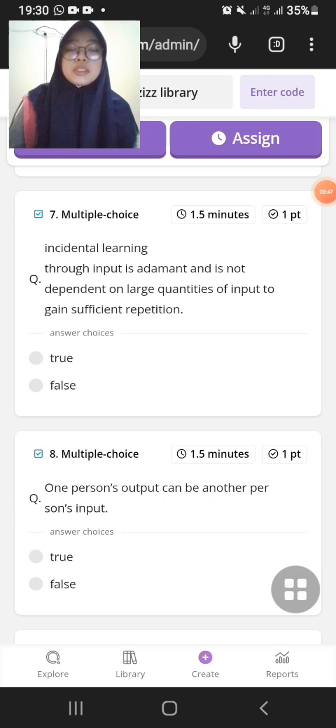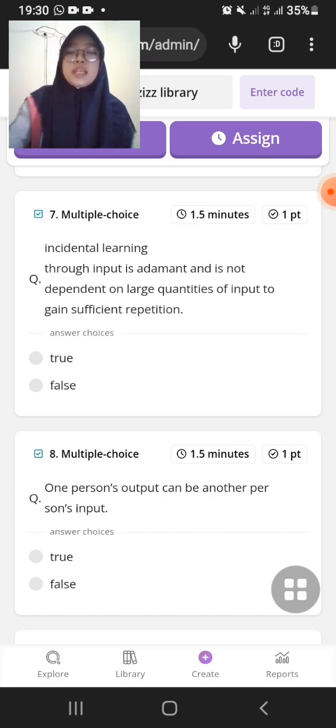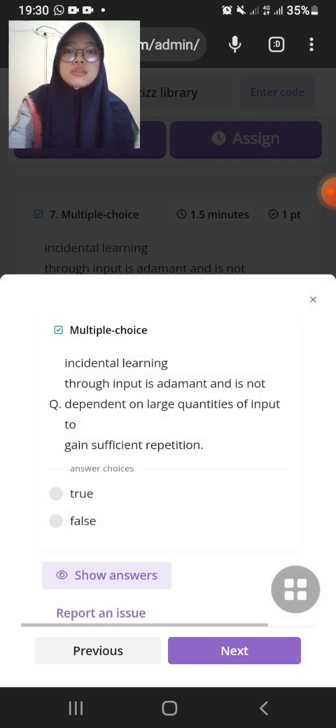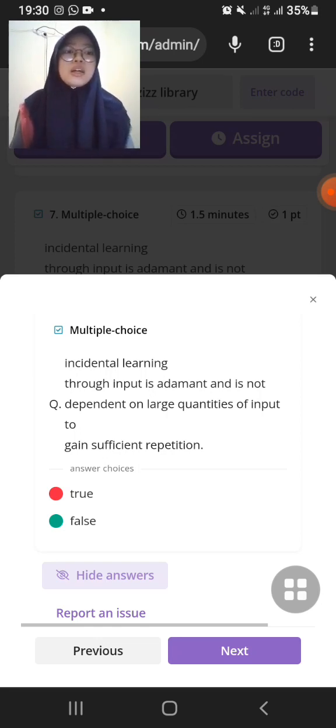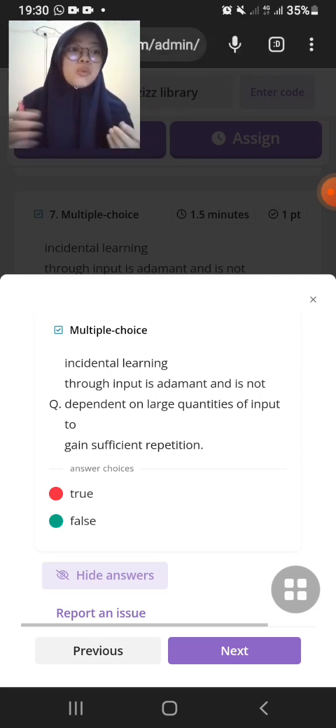Question number 7. Incidental learning through input is not dependent on large quantities of input to gain sufficient repetition. The answer is false, because incidental learning is learning that occurs unintentionally from activities where learning is not a conscious goal for the learner.